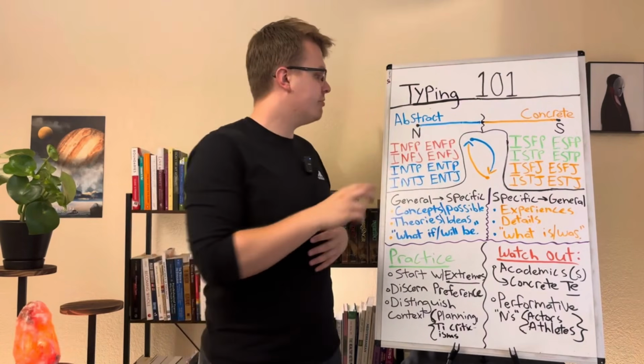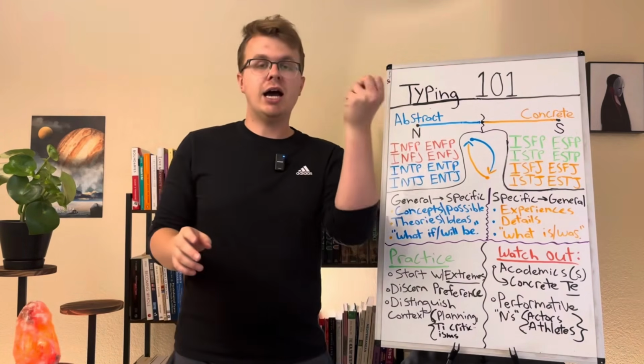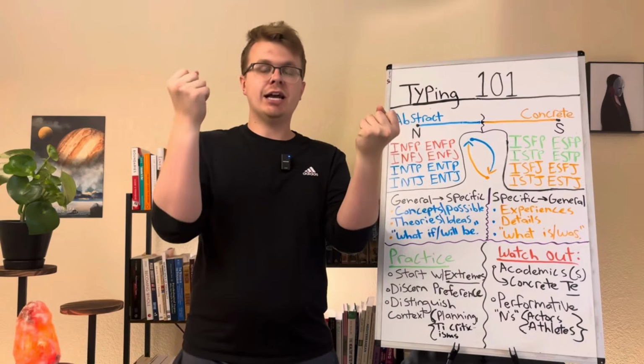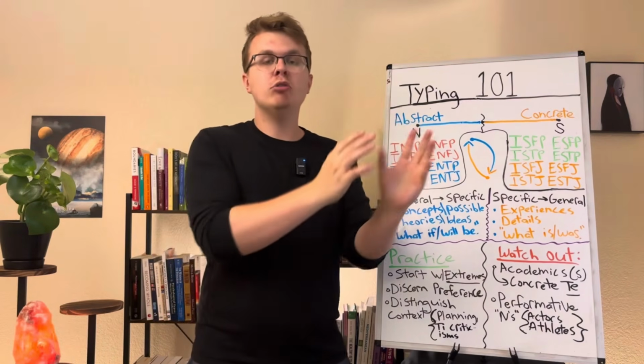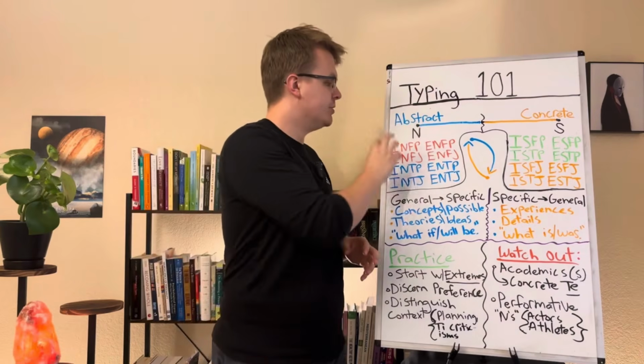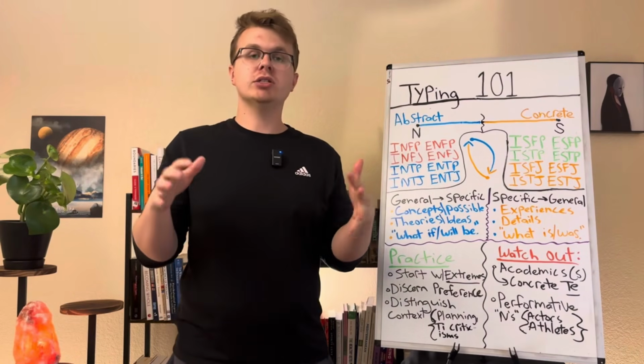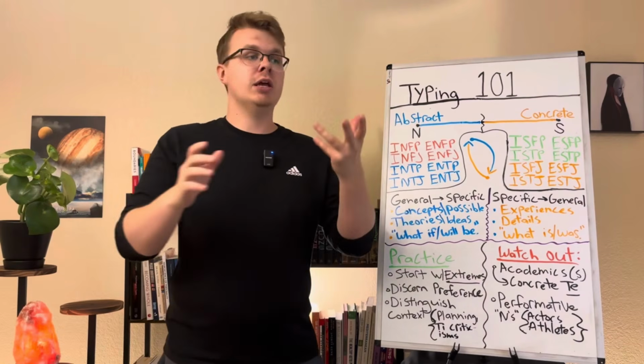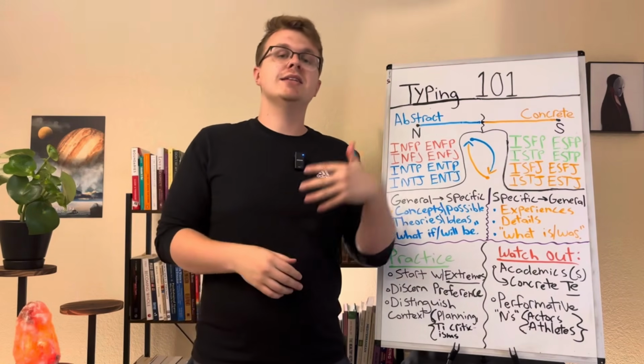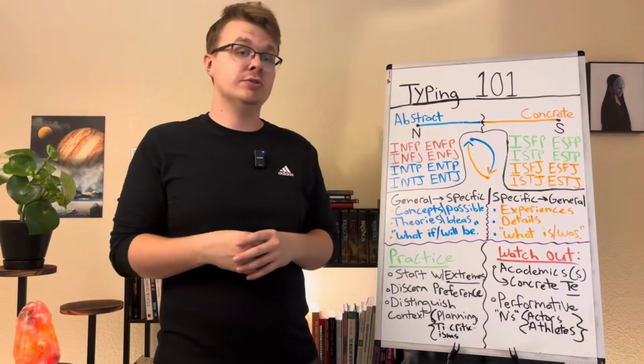In general, I find that the NFPs with high Fi and high extroverted intuition seem the most abstract, whereas the Ti users who are abstract can seem a little more concrete because of their criticism, their ability to criticize the details of a certain idea or situation.